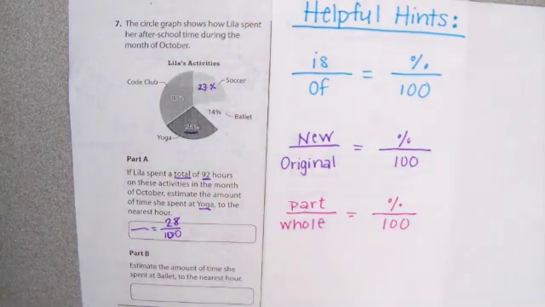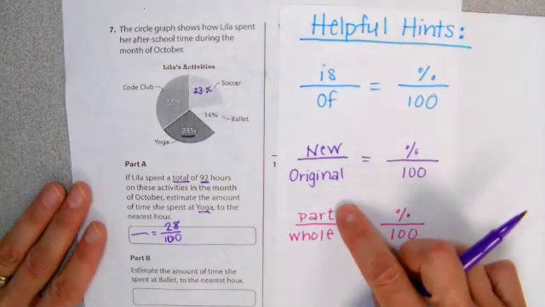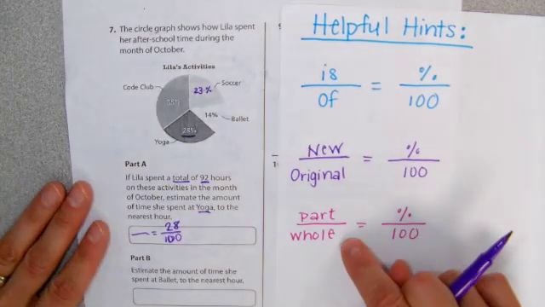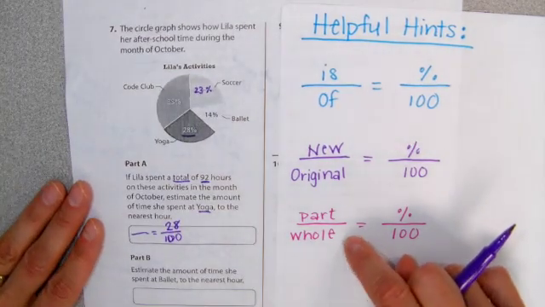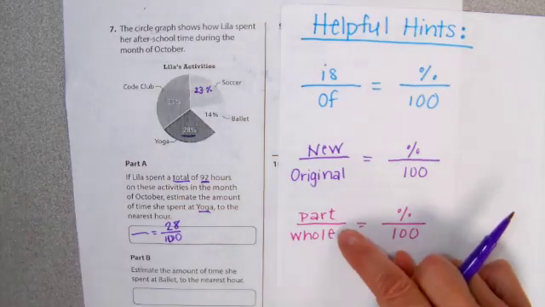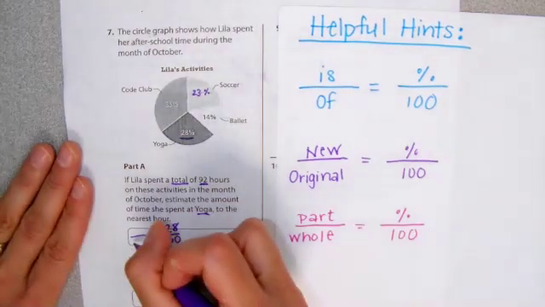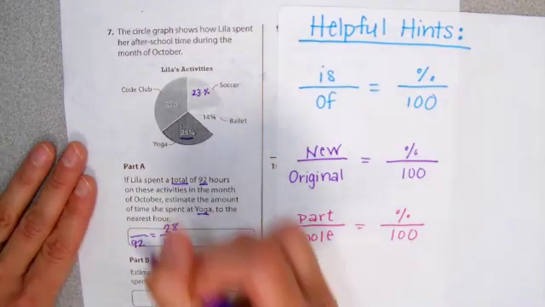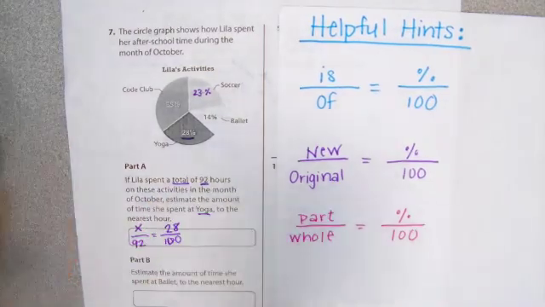Is a total a part of her time or the whole time she's got? Total means whole, that's one of those key words. So that's got to go at the bottom. 92 goes here, which means our empty space is what we're trying to figure out. That's our X.